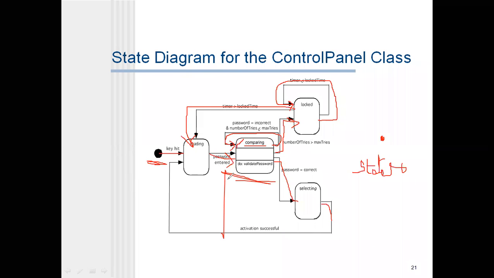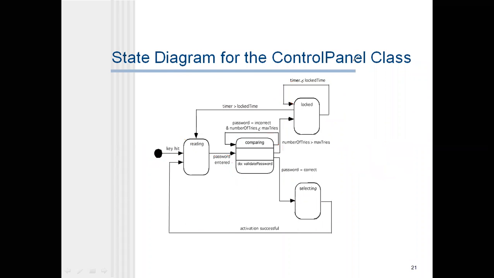Whichever single-ended arrows we use in state diagrams are called transitions. These are used to connect or move from one state to another state, right? So these are the transition symbols.